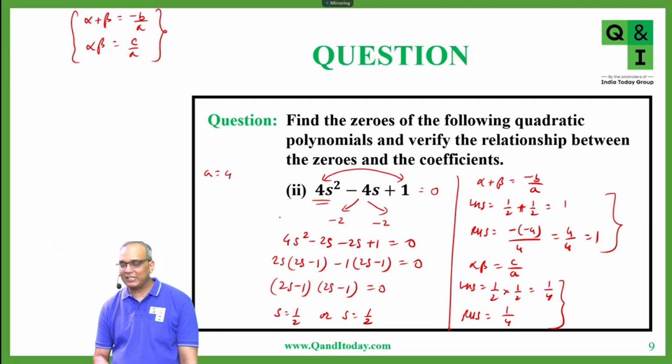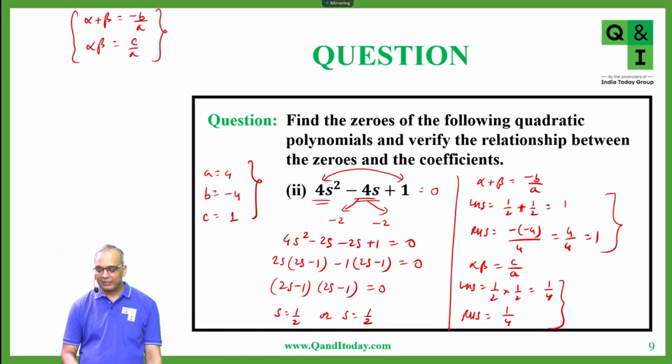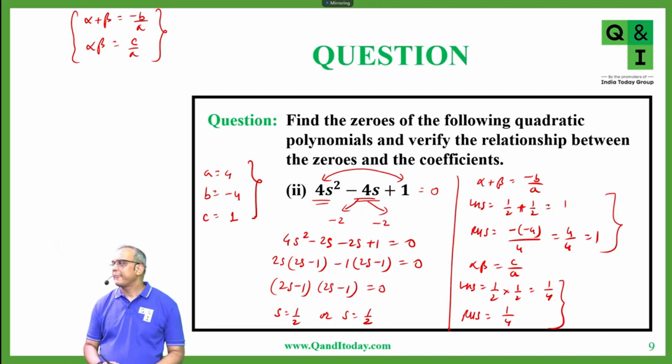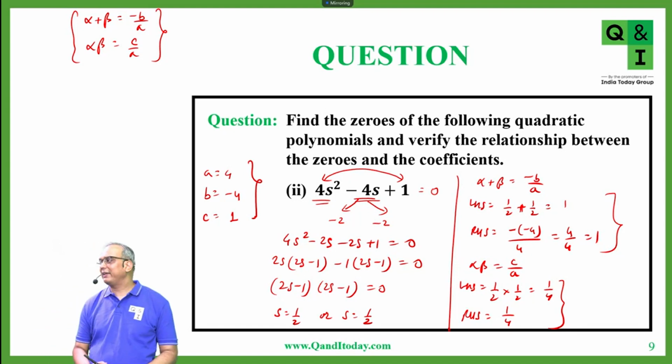So a is the coefficient of s square, that is 4. b is the coefficient of s, that is minus 4. And c is the constant, which is equal to 1. Then you put these values of a, b and c in the relationship to verify whether it is correct or not. Is this clear, students? Everyone?